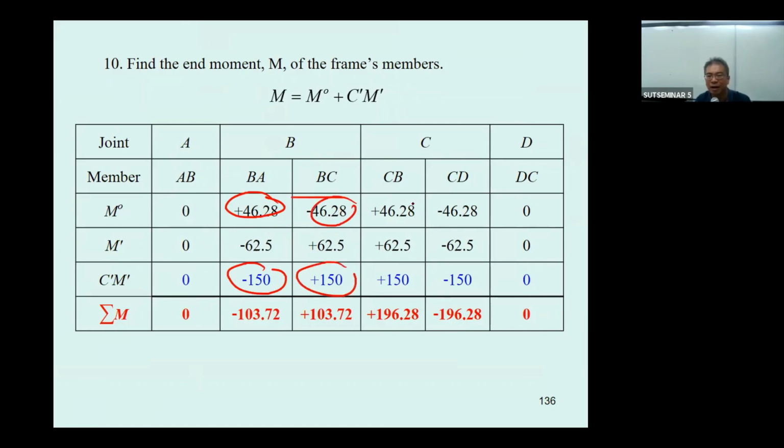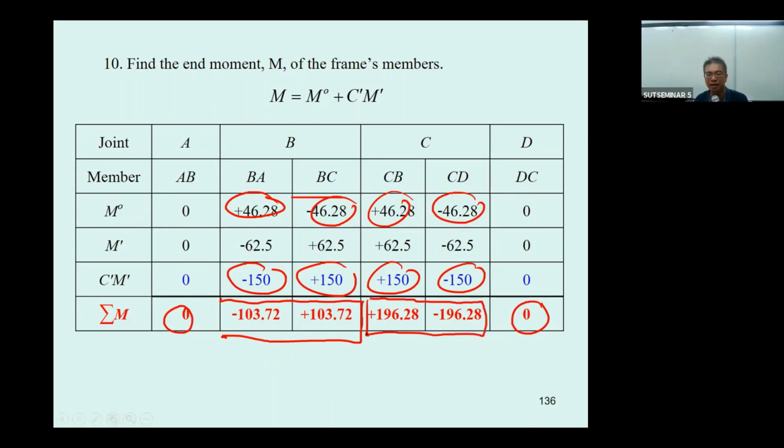Okay, you get the end moment, and end moment AB is pin, DC is pin. That is correct. And also the summation of the moment at B must be 0. The summation of the moment at C must be 0. Okay, I should put this one, summation at B equal to 0. Summation at C equal to 0.